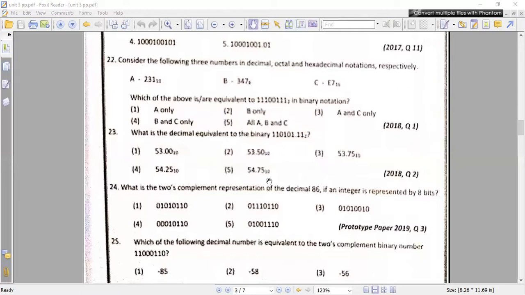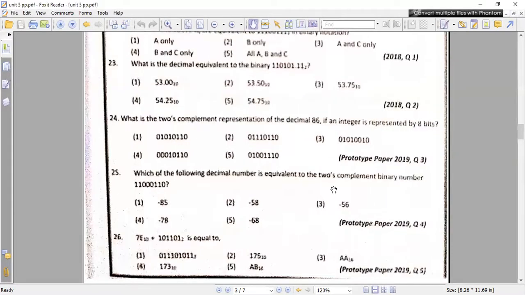Which of the decimal numbers is equivalent to the 2's complement binary value? When you get a 2's complement value starting with 1, 1 1 0 0 0 1 1 0, when you see that it is starting with 1, you have to decide it's a negative value. So what you have to do is invert the bits: 0 0 1 1 1 0 0 1.